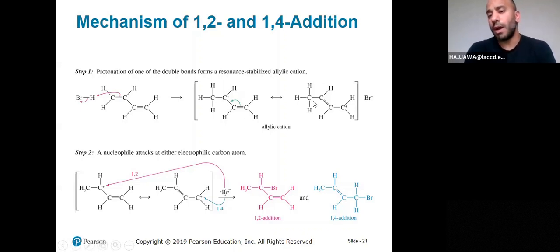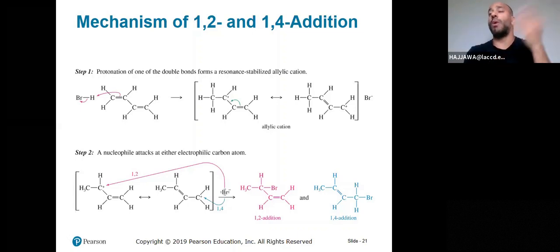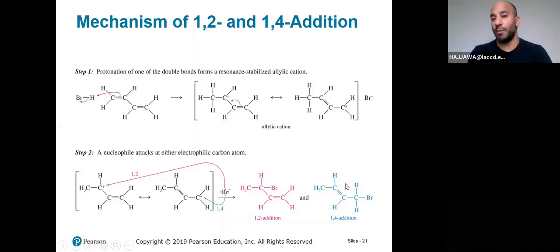The primary allylic carbocation will always generate the 1,4 addition. Lower temperature will favor the 1,2 as it is the faster product to form. It is the kinetic product. The 1,4 addition, the one that's coming from the less stable intermediate, will always form the more stable product, the thermodynamic product. That's very important to keep in mind, and that will always happen at higher temperature.